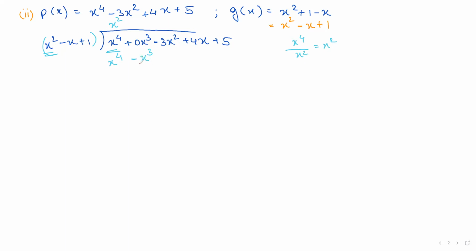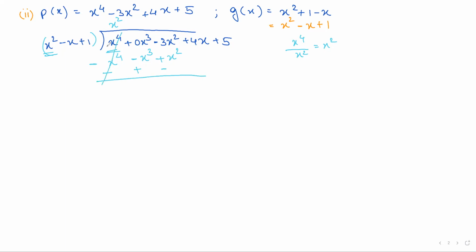Observe that I'm writing proper terms beneath the same terms. So like terms have to be kept in the same vertical sense. Plus 1 multiplied by x square is plus x square. Now you'll subtract them. Subtracting, the signs of the second terms will be inverted. Plus becomes minus, minus becomes plus, and again plus becomes minus.